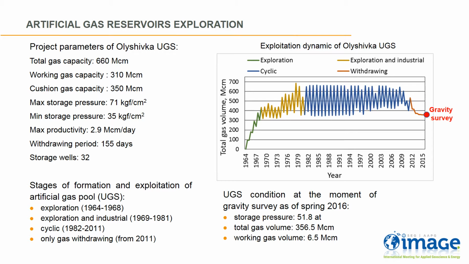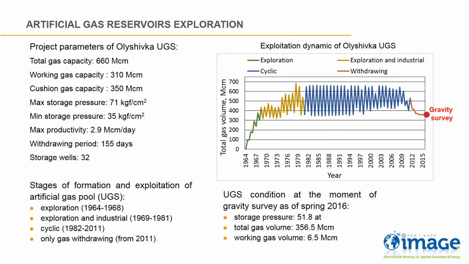Withdrawing is accompanied by a large amount of sand recovery, which causes storage well failure because of filter congestion by sand. Gradual increasing of water influx in storage wells had been observed during gas withdrawal. This situation is probably caused by project exploration regime disturbance in previous years.